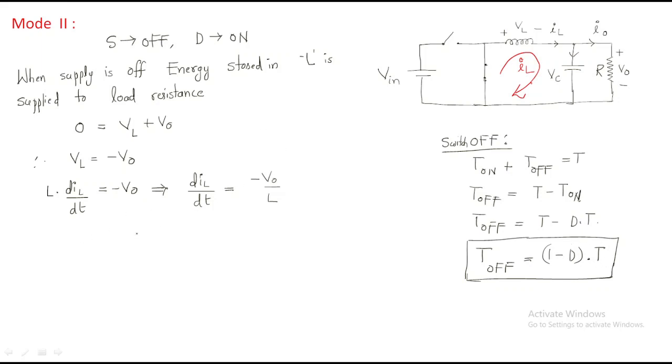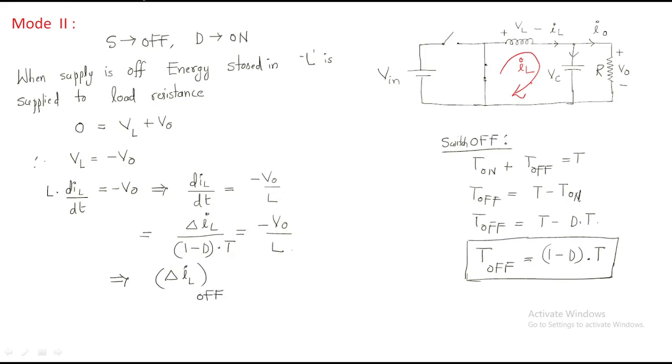From this I can write: the change in IL, dIL, over time (1 minus D) into T, equals minus V0 by L. From that equation I will find the change in inductor current when the switch is off.